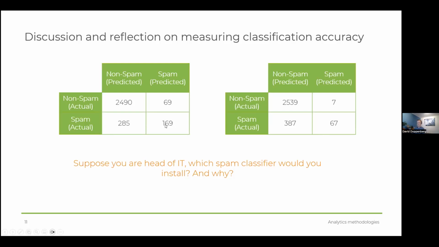But suppose you would now flip the roles, and now you're one of the employees at this company. You would probably want to have the other one, because maybe you have these very important emails from your customer that will be sent to the spam folder without actually being spam. So in that case, you need to manually go to your spam folder and find that specific email that you're looking for. Again, having the risk that you actually might be clicking on one of the actual spams in that folder.